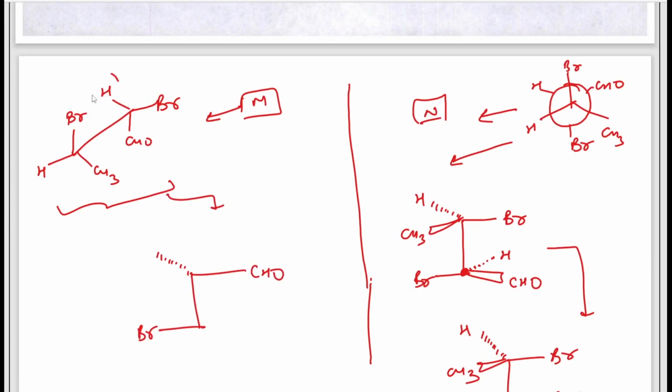This hydrogen is below the plane and this is above the plane. So bromine is above the plane, the proton is below the plane, and this proton on the left side is also below the plane, and this methyl group is above the plane.